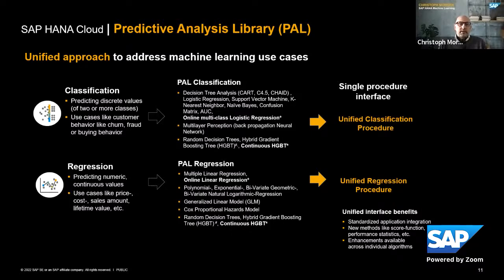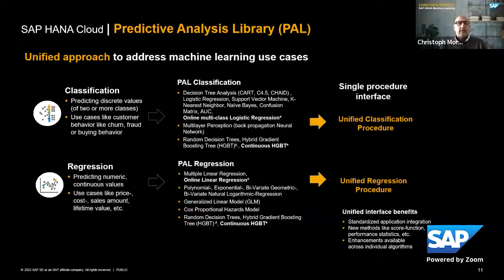If we now look at a machine learning scenario like classification or regression, in the past we had multiple algorithms with distinct interfaces. And what we have done over the course of the last 2 years is to provide a single procedure interface, making it easier for the SQL developer and the application developer to integrate a scenario into the application, independent of the algorithm.